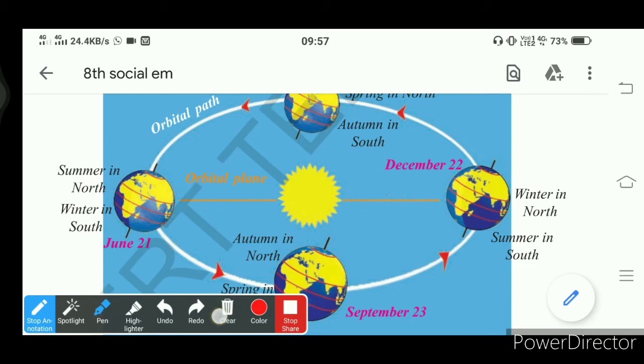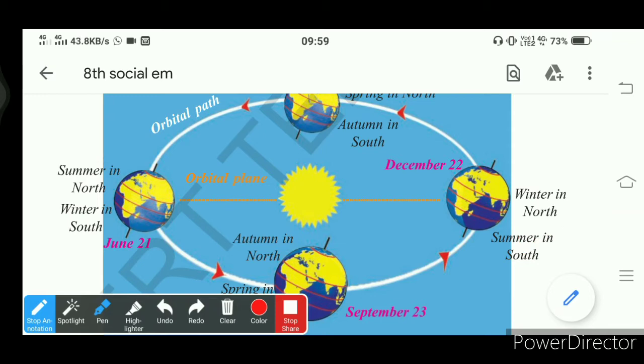Sun rays fall directly on the Tropic of Capricorn on December 22nd. So when it falls on the Tropic of Capricorn directly, then it is summer in the southern hemisphere, as the sun shines directly over the Tropic of Capricorn, that is 23½° south latitude.